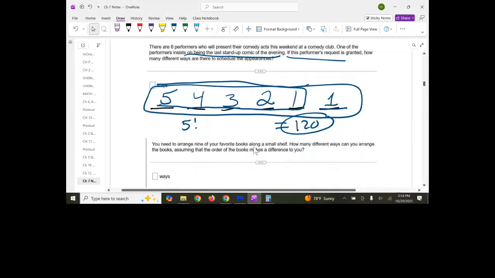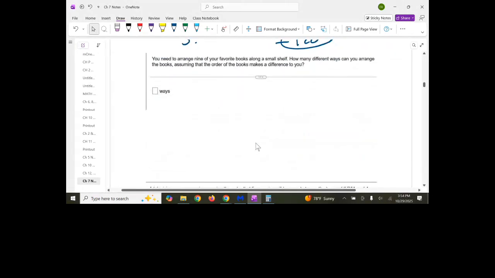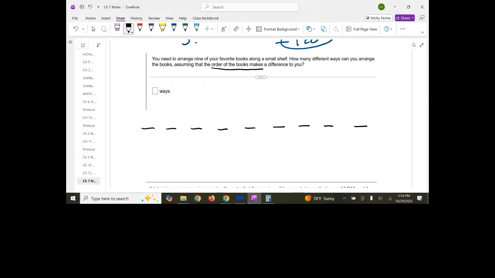All righty. Y'all, for the next one here, it says you need to arrange 9 of your favorite books along a small shelf. Okay, so first thing I'm going to do, y'all, I'm going to draw a little picture. Look, 1, 2, 3, 4, 5, 6, 7, 8, 9. Okay, and how many different ways can you arrange the books, assuming that the order of the books makes a difference to you?